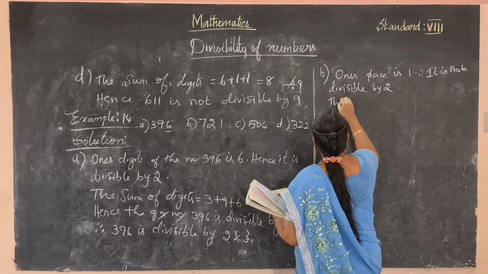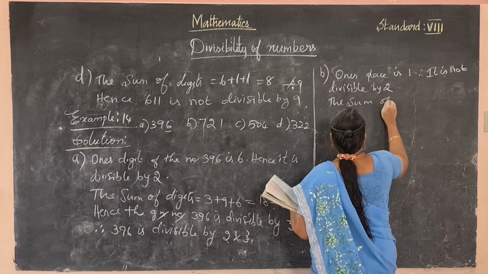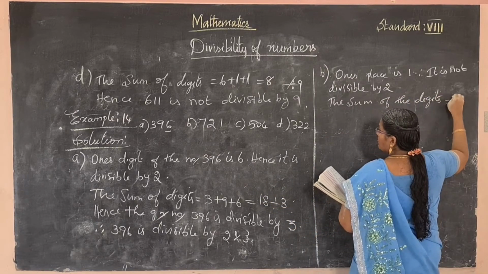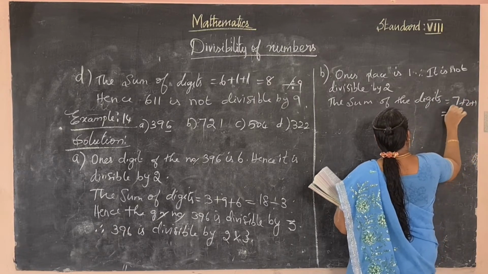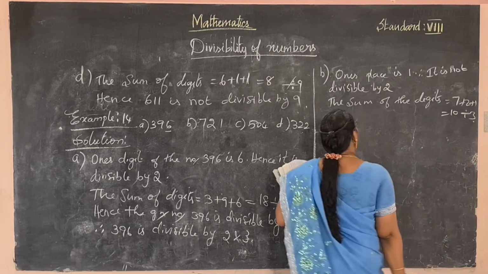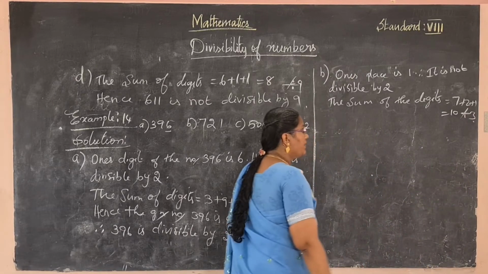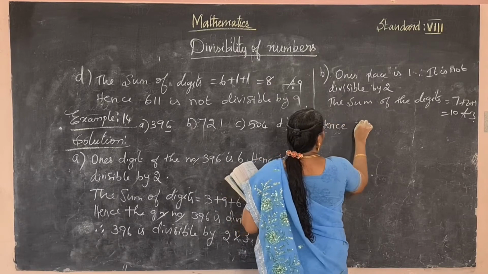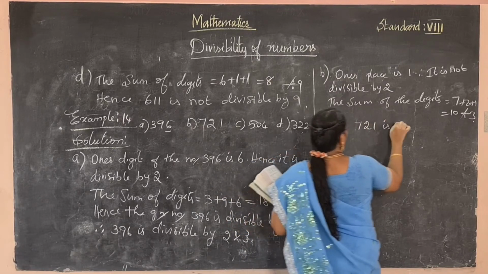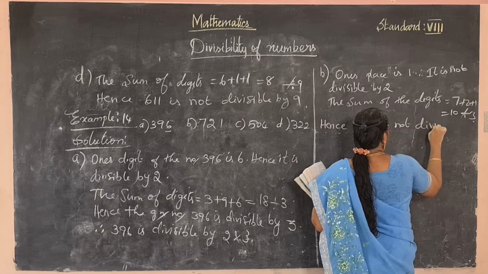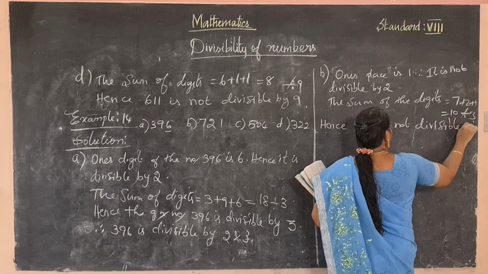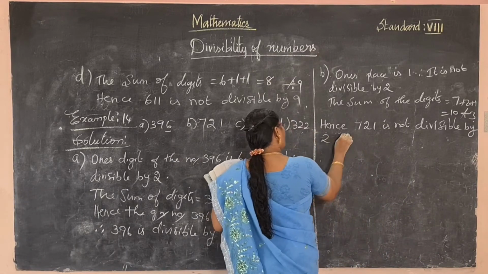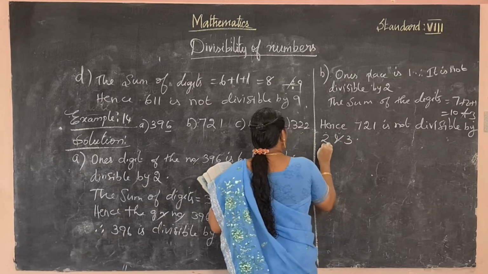The second one, the sum of the digits is equal to 10, which is not divisible by 3. Not divisible by 3. So hence 721 is not divisible by 2 and 3.